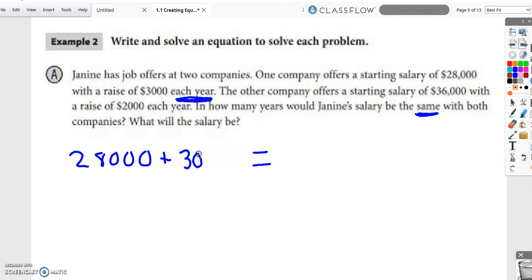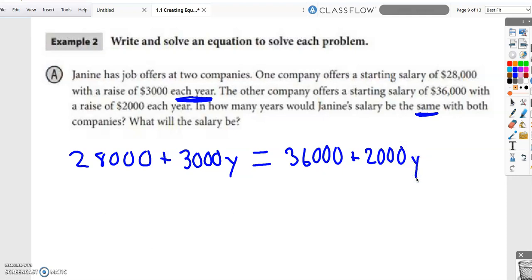So I'm going to add 3,000 each year. So each year is going to be 3,000y. The other one has 36,000, and it goes up 2,000 each year. So we're going to put 2,000y because it's sort of like multiplying.